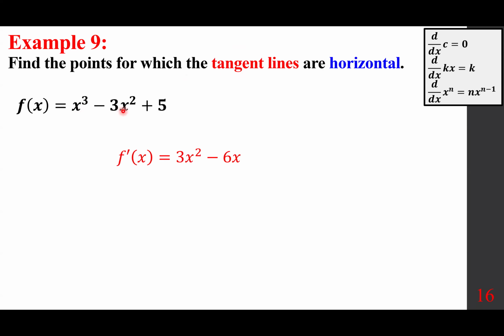And for any line to be horizontal, its slope must be 0. So tangent lines, their slopes in general is that, and of course you have to have a specific point, and then you plug in, you calculate the slope for that point. To be horizontal must be equal to 0. I hope we understand where this 0 comes from. The slope of any horizontal line is 0.